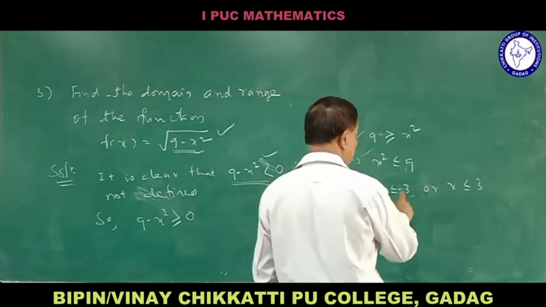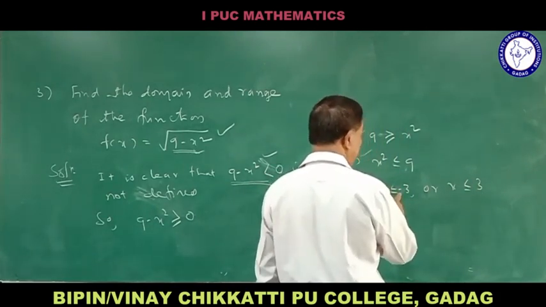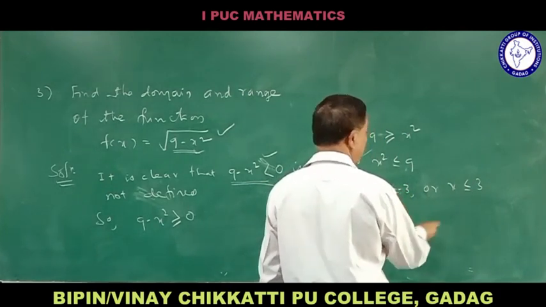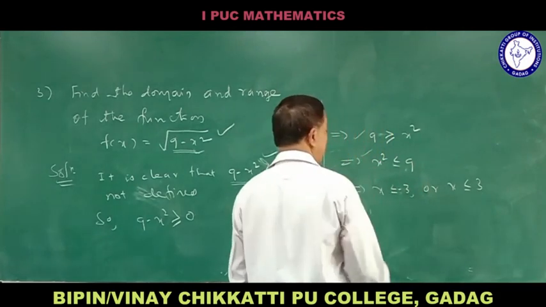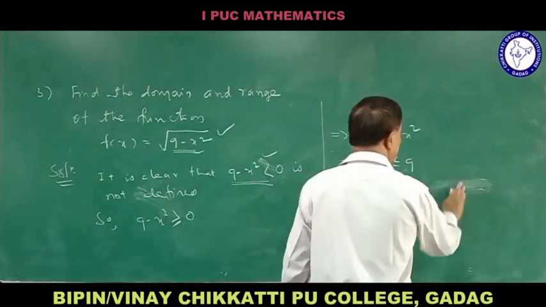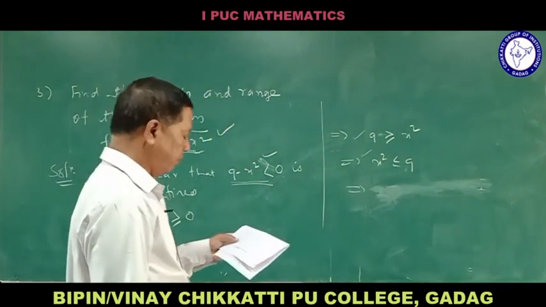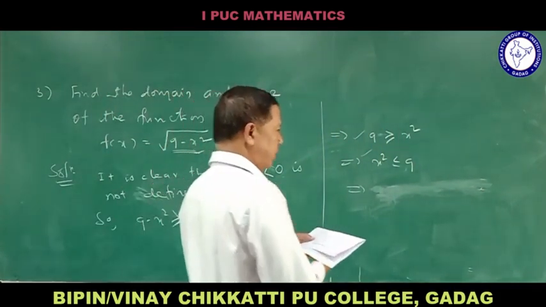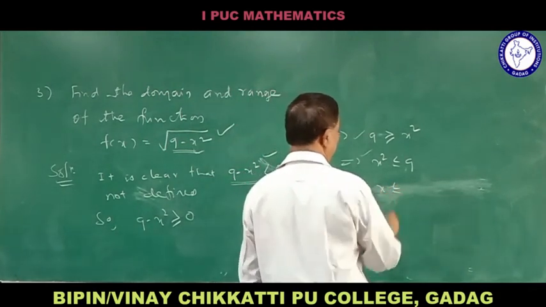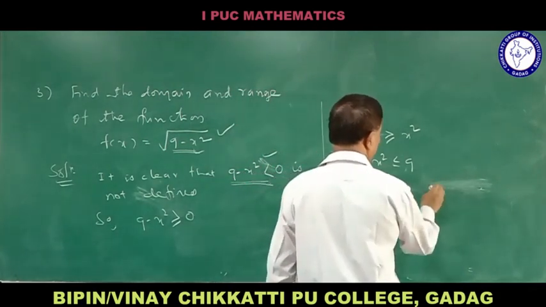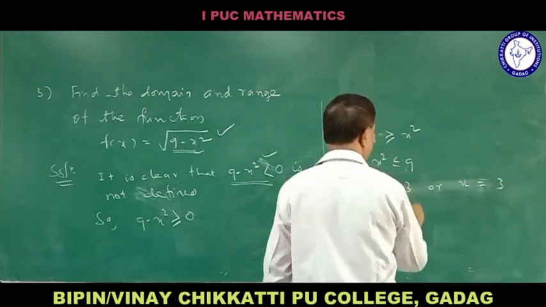The square root of 9 is plus or minus 3. That is why I am explaining that plus 3 and minus 3 are the two possibilities for x.